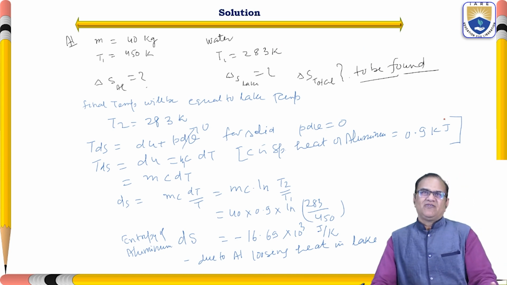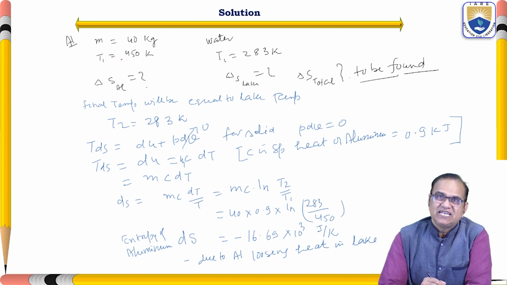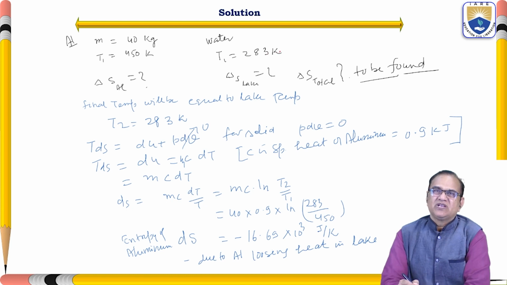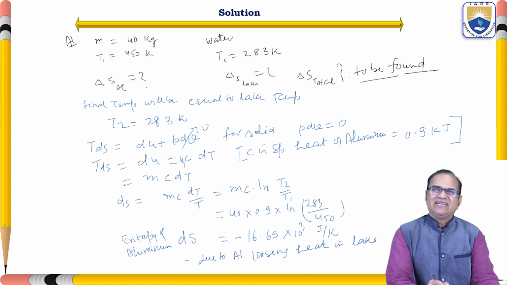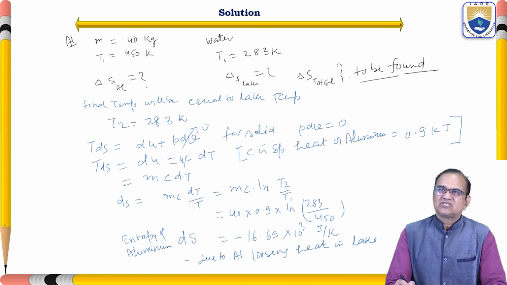Here for the aluminium block, the mass is 40 kg, T1 is 450 Kelvin, and water is at 283 Kelvin. We have to find the change in entropy of aluminium, the change in entropy of the lake, and then delta S total.